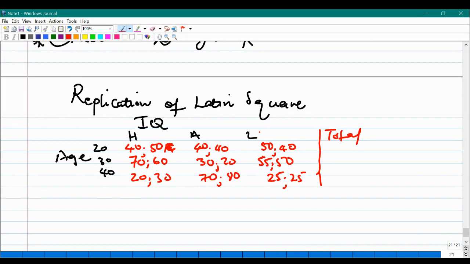Sacramento, help us with the totals for the IQ. You add these 6 values.